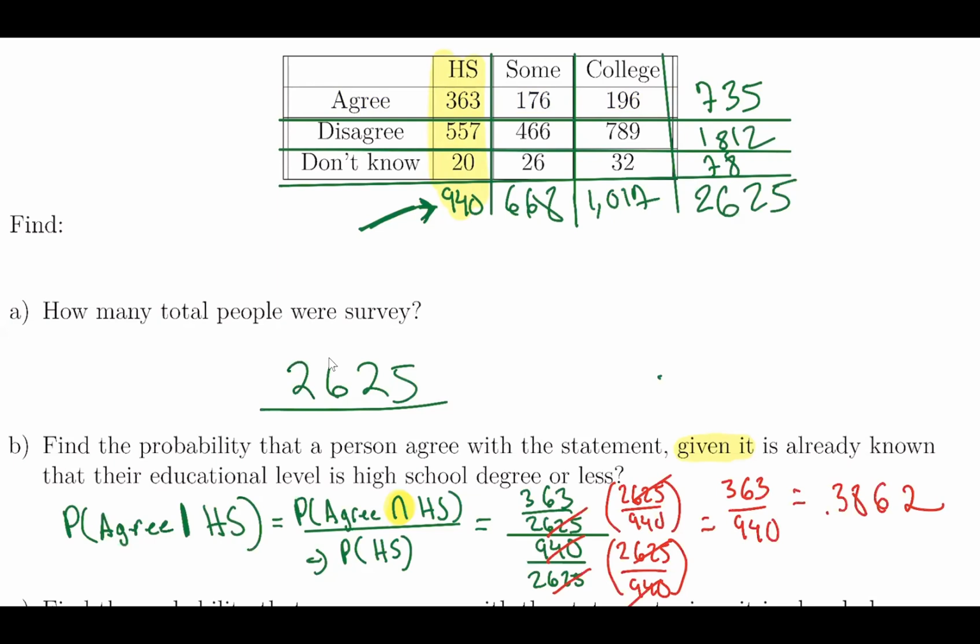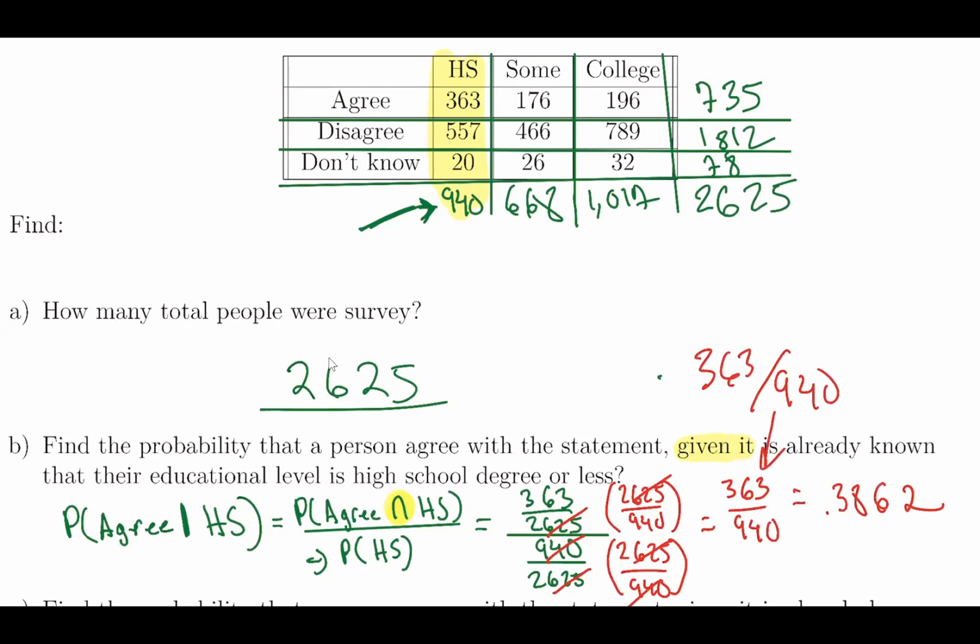So in this scenario, you have 940 people that have a high school degree or less. Of those 940 people highlighted in yellow, how many of them agree with the statement? Oh. And that's how you get that fraction.